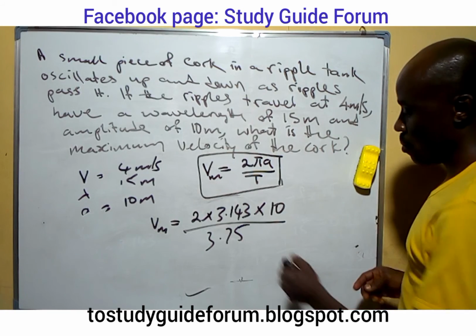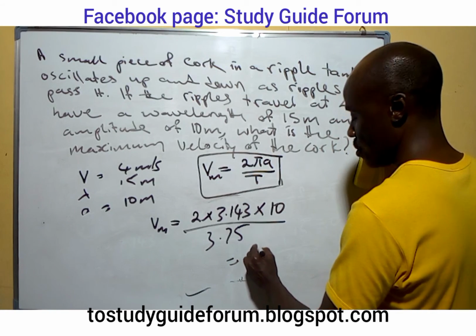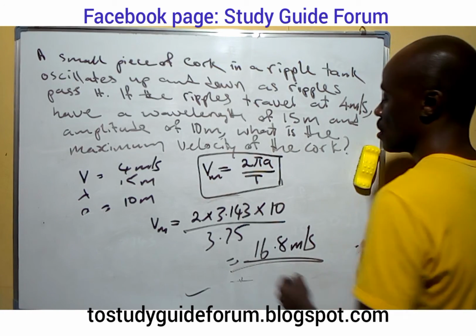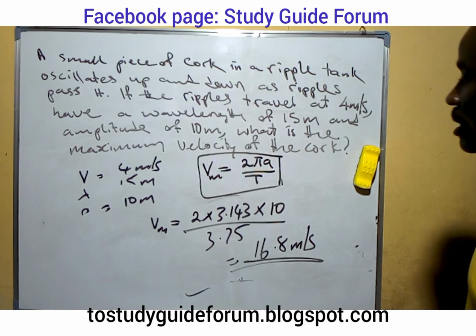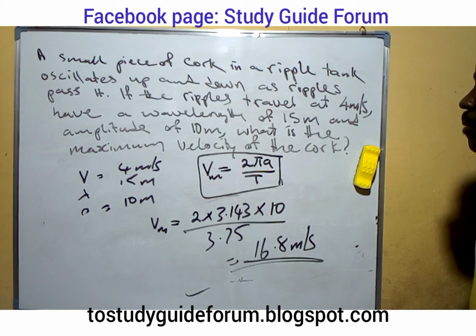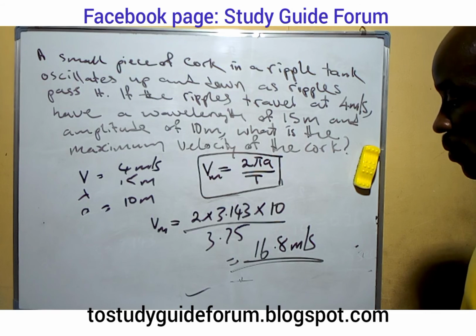So when we multiply through, we will have 16.8 meter per second. That's the maximum velocity of the cork oscillating up and down in the ripple tank.